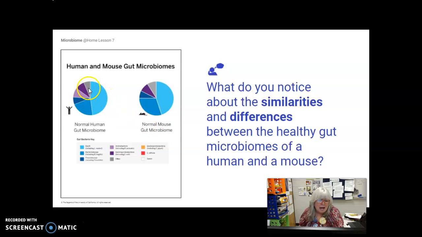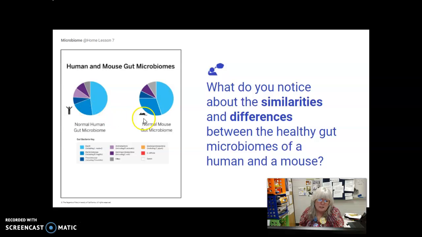Well, when you look at the type, you can see that we have the same type of bacteria. Also, look at how much there is. We pretty much have about the same.